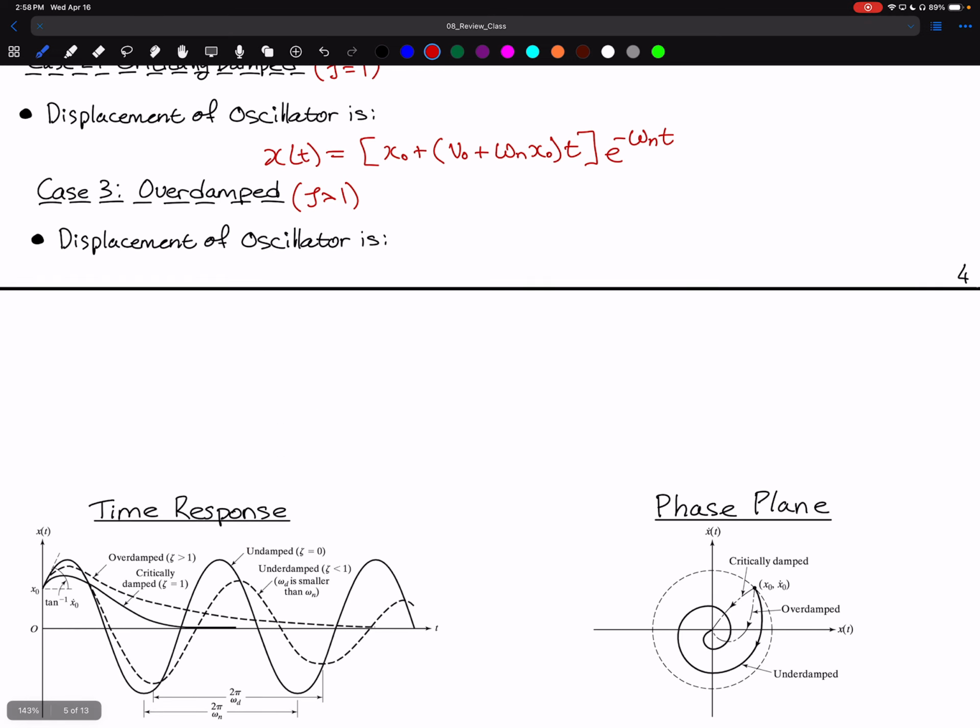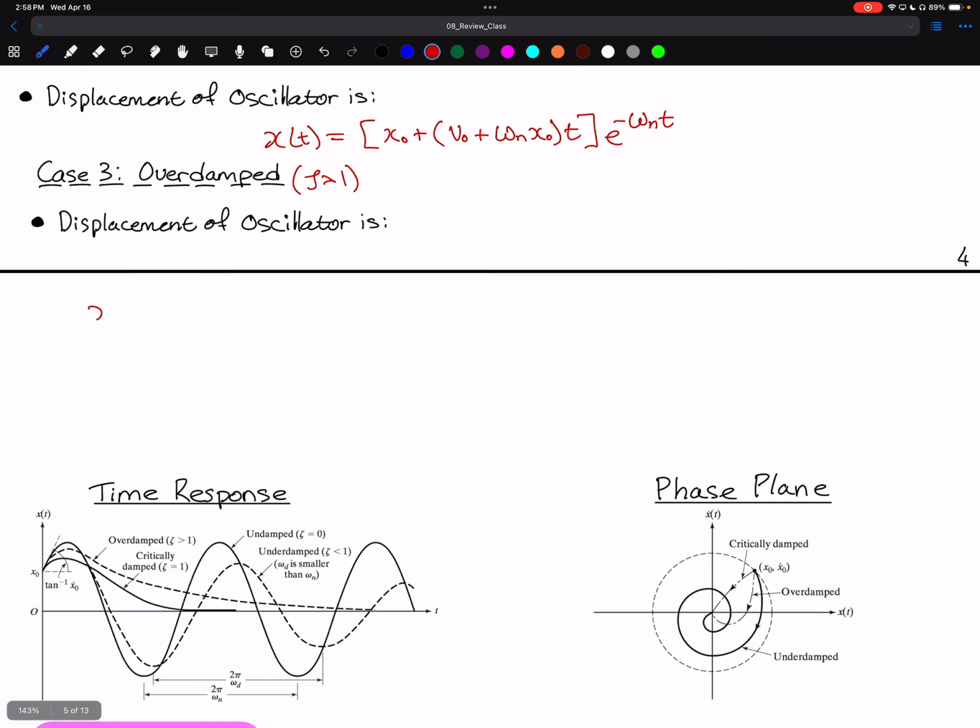In this case, the displacement of the oscillator is going to be x of t equal to some c1 times e to the minus zeta plus square root zeta squared minus 1, all that multiplied by omega n t, plus some c2 times e to the minus zeta minus the square root of zeta squared minus 1, all that multiplied by omega n t.